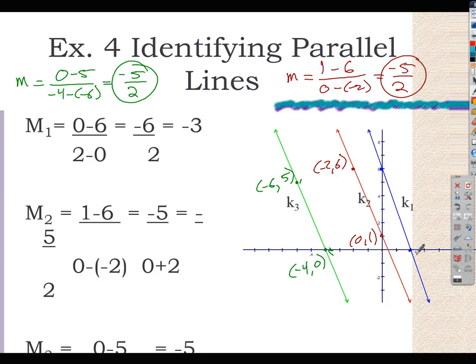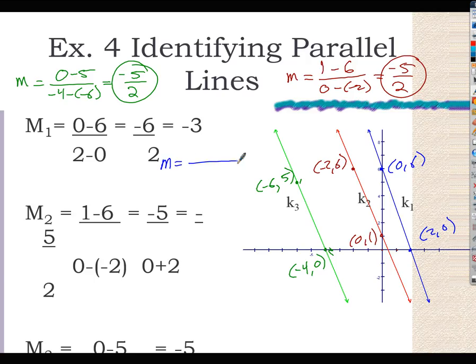Okay, how about the blue? These are easy ones. What's that point? 0, 6. What's that point? 2, 0. Good. So the blue slope equals what minus what? 0 minus 6 over 2 minus 0, which is just what?